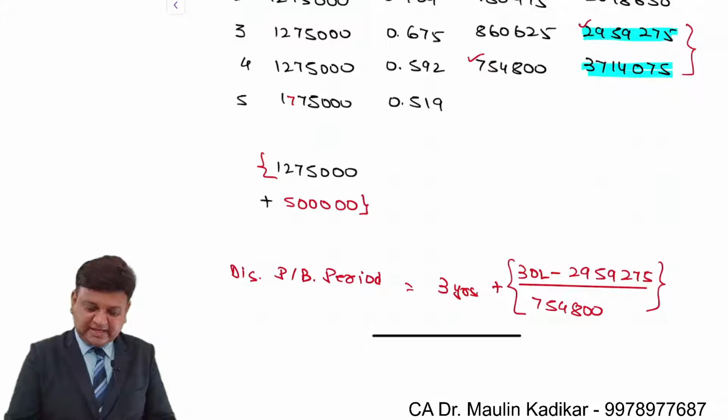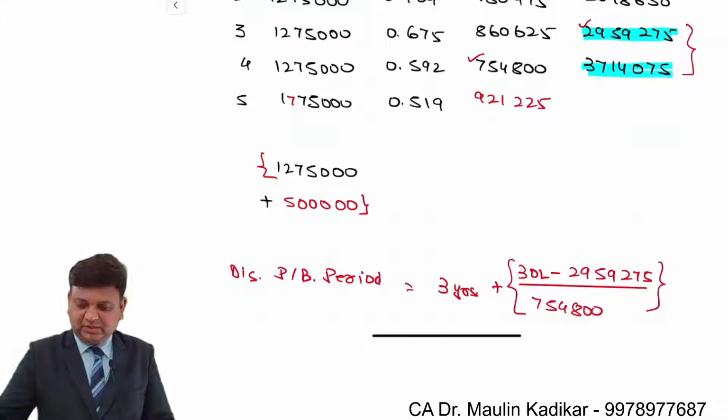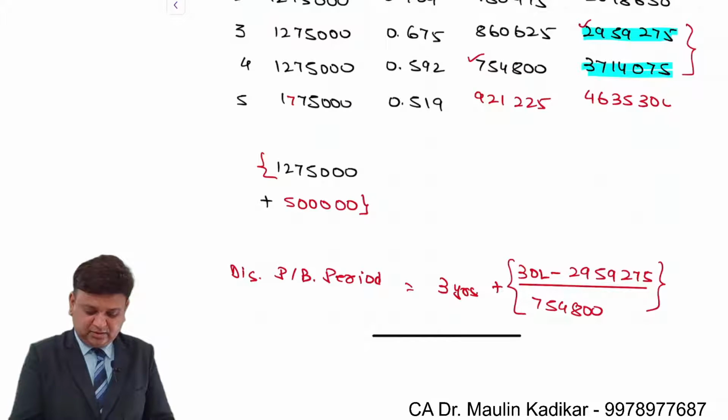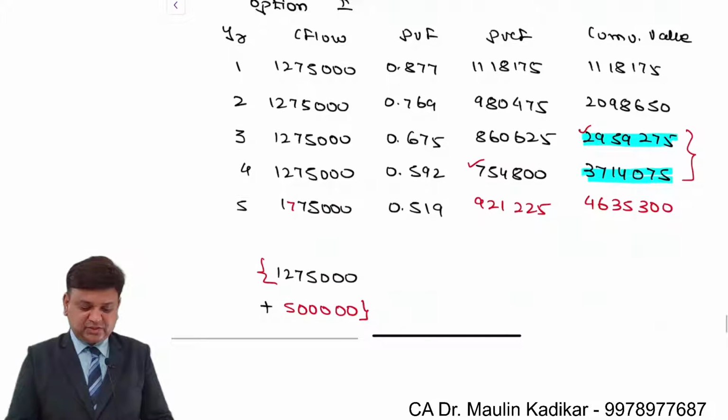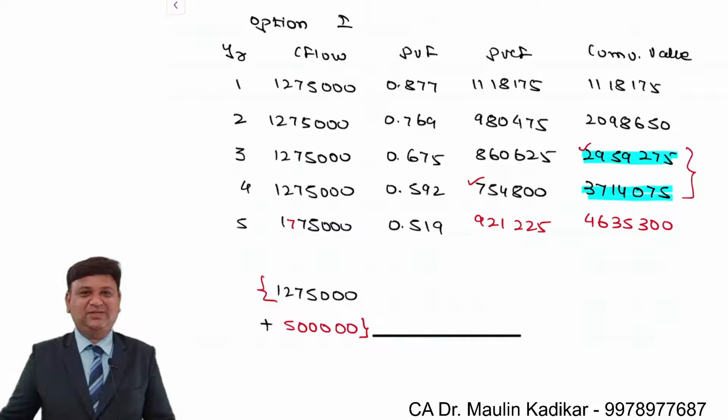So it is 9,21,225 plus 37,14,075. So 46,35,300. This is in case of project 1. That is first option.